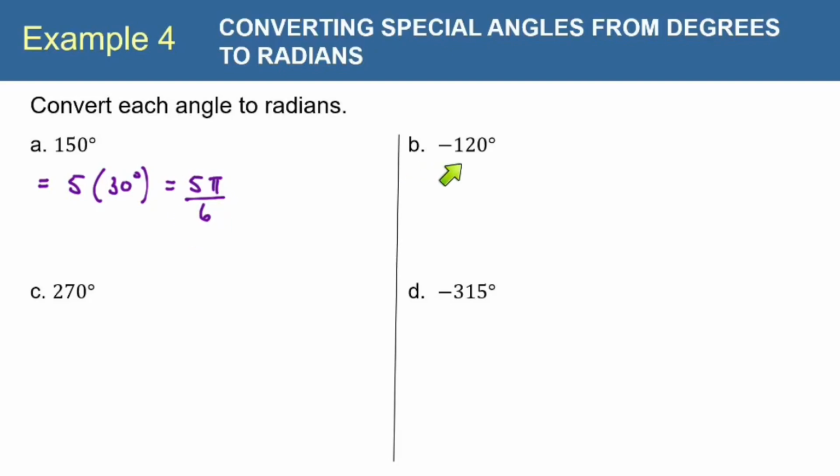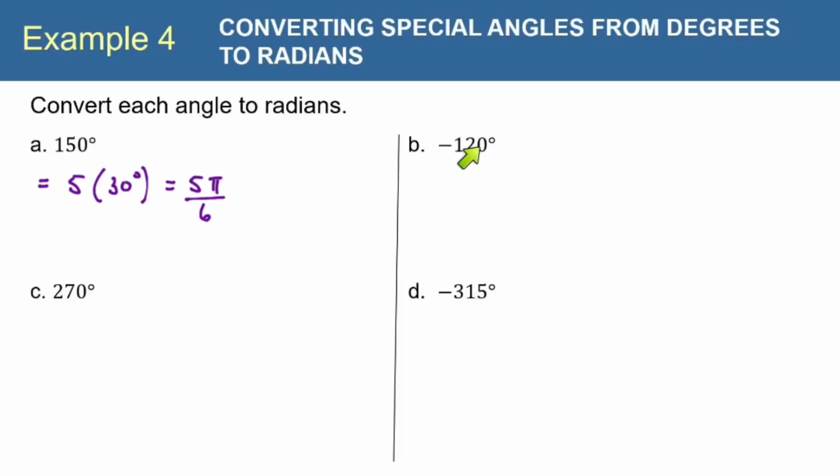Now in part B we have negative 120 degrees. And here you have a choice. You could either think of 120 as 4 times 30, or you could think of it as 2 times 60. Now, whenever you have a choice, always choose the larger of the two, because that way you won't have to simplify in your final answer.